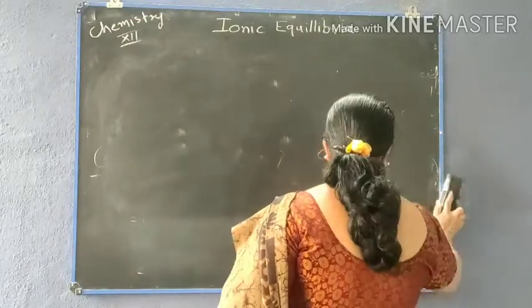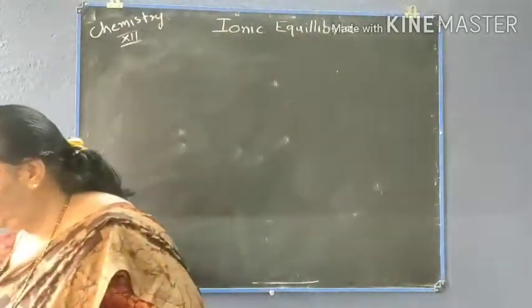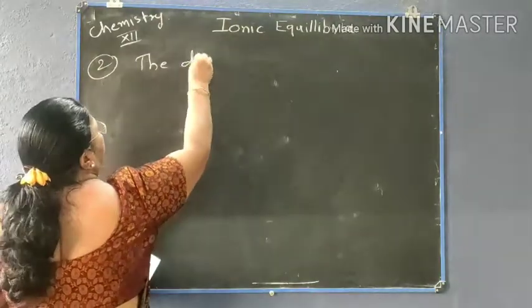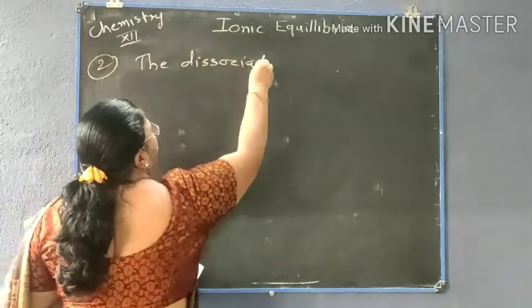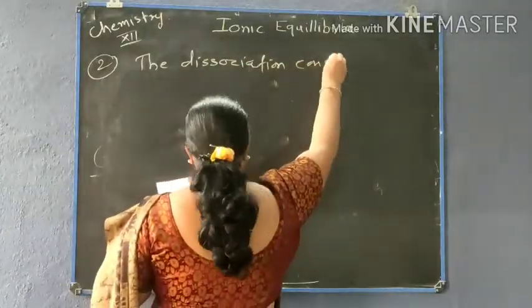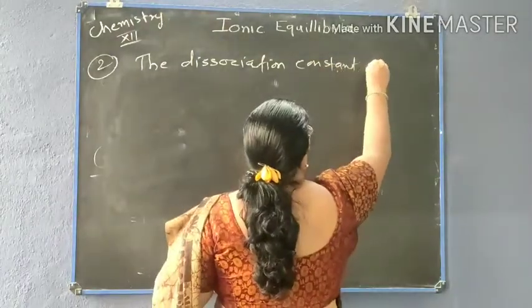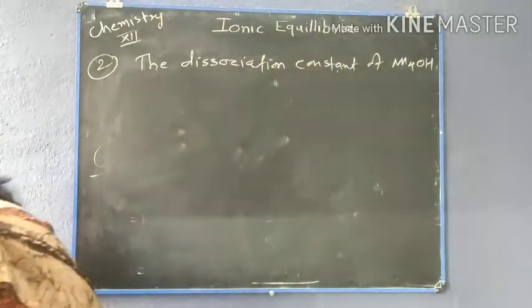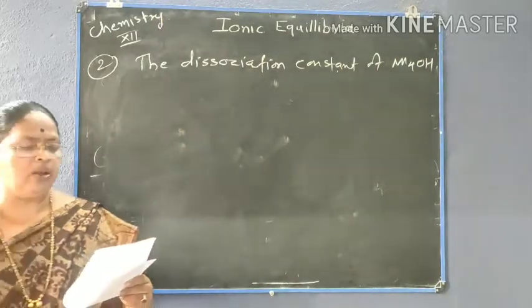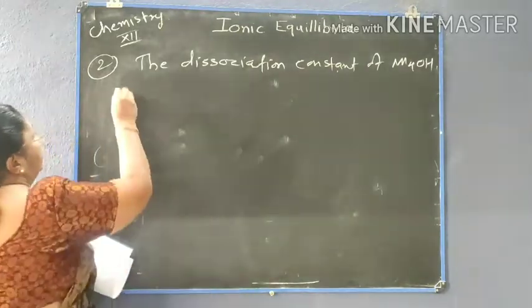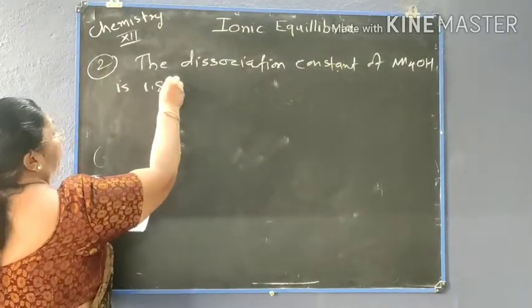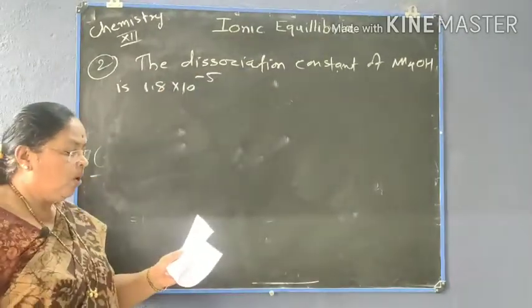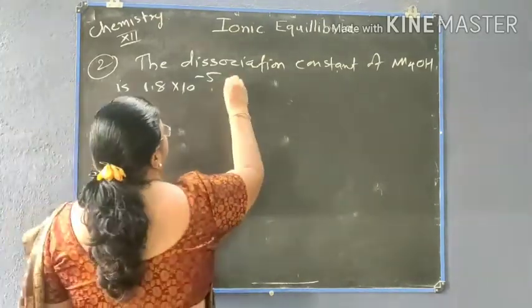The dissociation constant of ammonium hydroxide is 1.8 into 10 raised to minus 5.